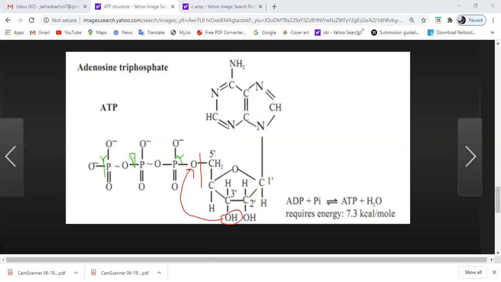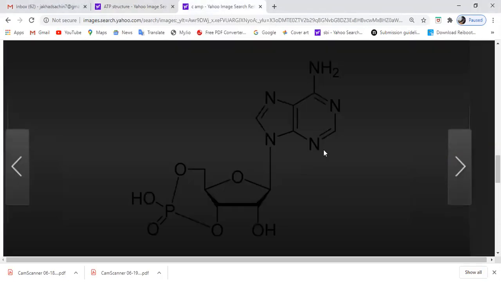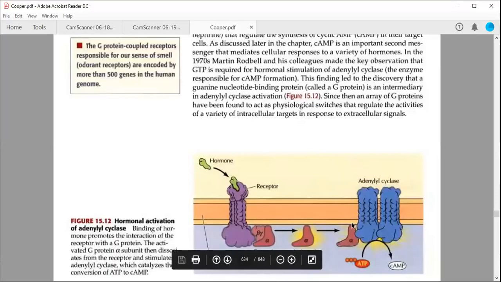First of all, I need to remove this, then it will lead to the cyclization of this particular ring. So this will form cyclic AMP. This is cyclic AMP. So now this ATP is getting converted into cyclic AMP.